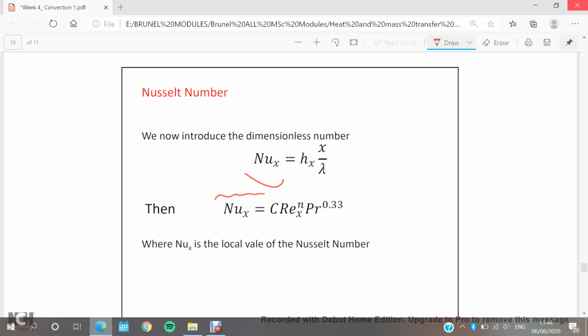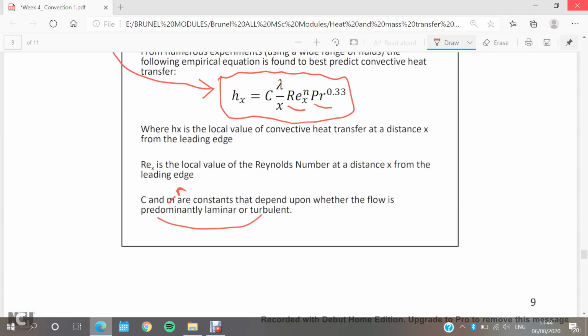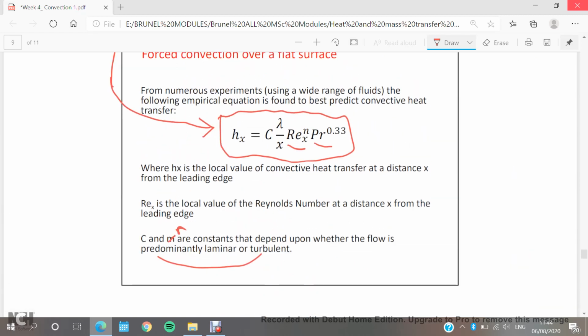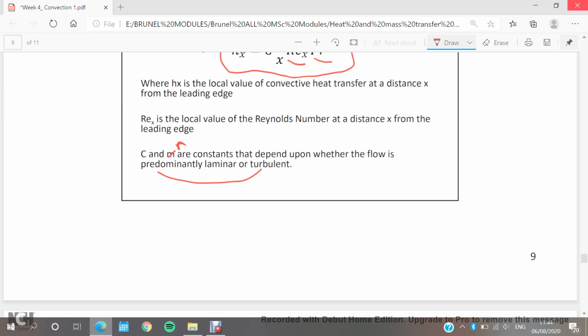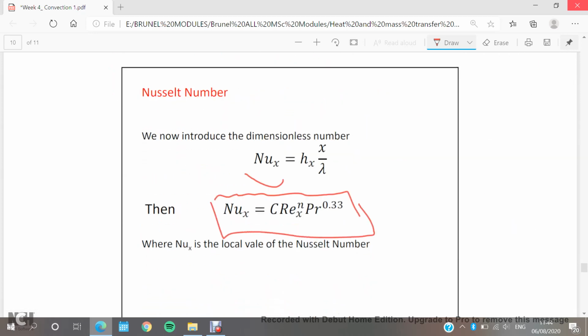We can find by experiments that this local Nusselt number is equal to C times Re to the power n times Prandtl to the power 0.33. How do we get this? If you go in here, you will find lambda over x. You just put the Nusselt number instead and move lambda over x, and you'll find this relation.